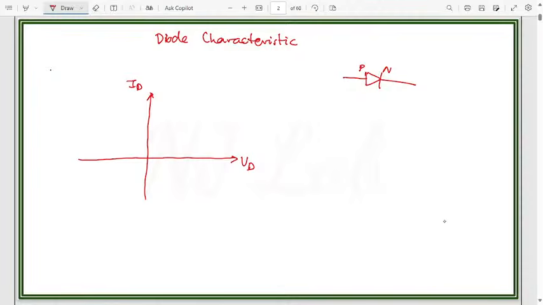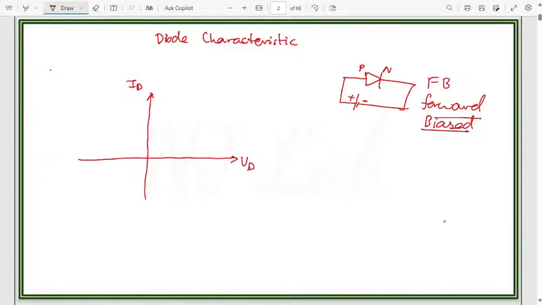We know that if the P type material is connected to the positive terminal of the battery and the negative terminal is connected to N type, then we say that our diode is forward biased.